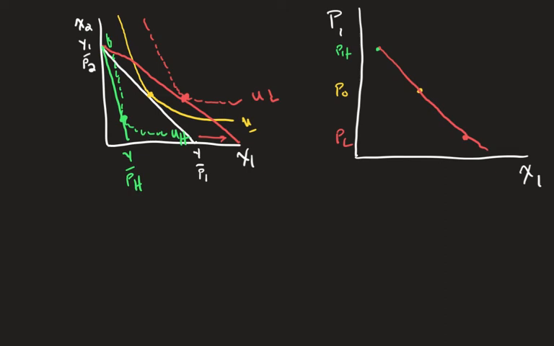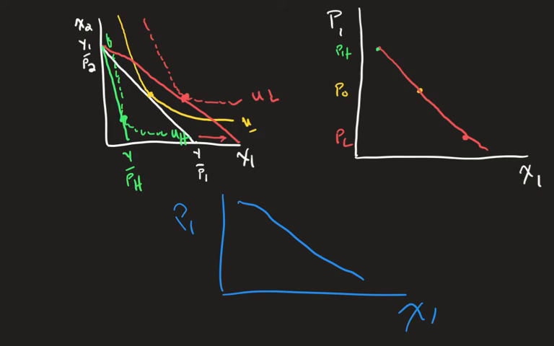How do we go from the individual to the market? Well, we just add everyone up. So it's going to have the same shape if everyone's identical. So our market demand curve will look just like our individual demand curve, just with the x-axis scaled differently. Maybe I should draw that separately then. So we'll go with P1, X1.